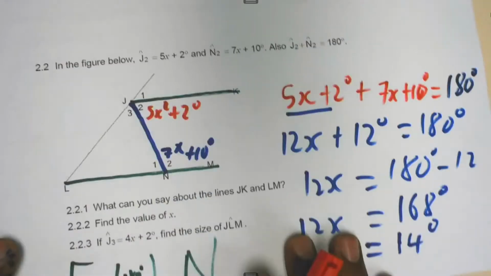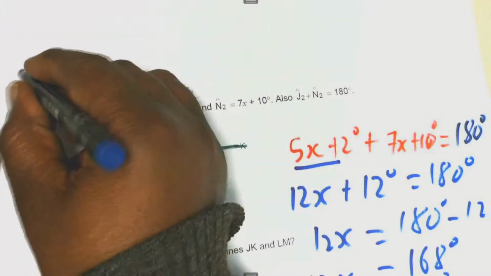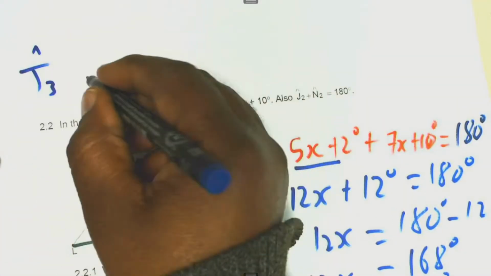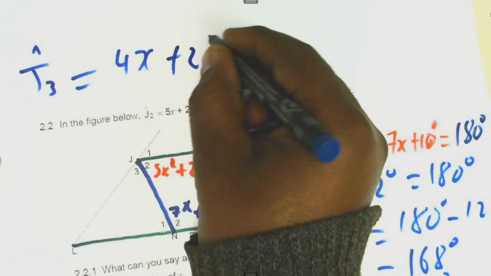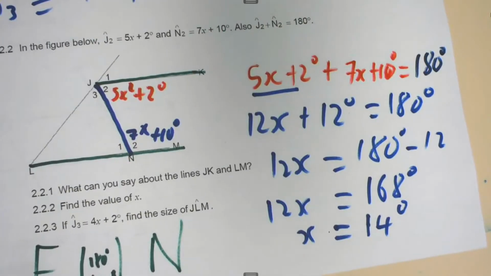Now, the last question, they say, if angle J3 is equal to 4x plus 2 degrees, find the size of JLM.